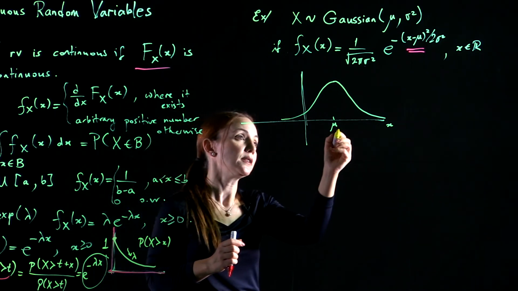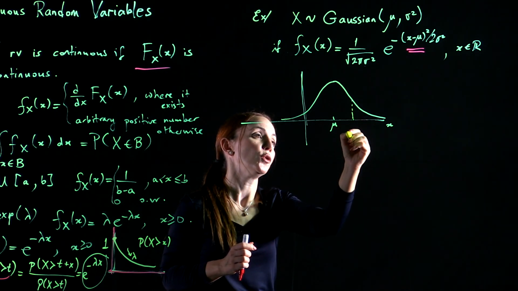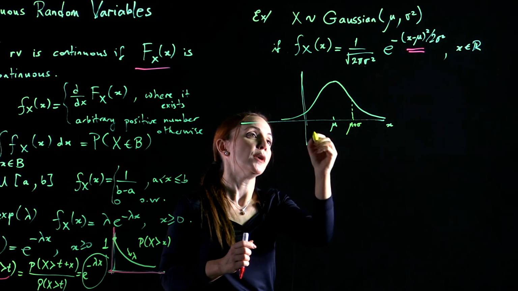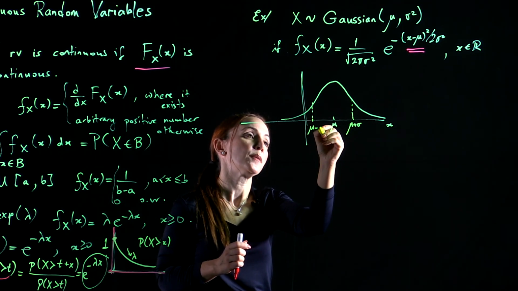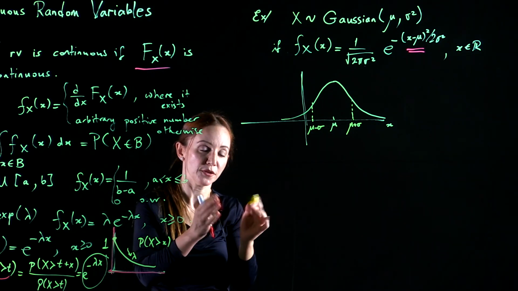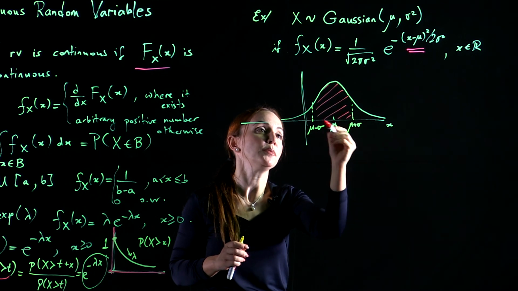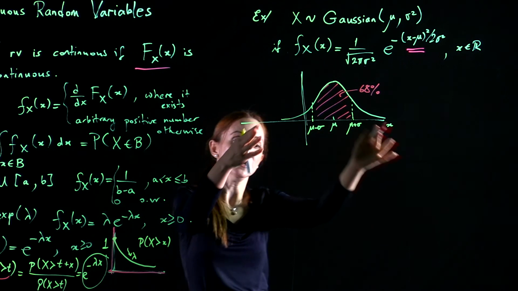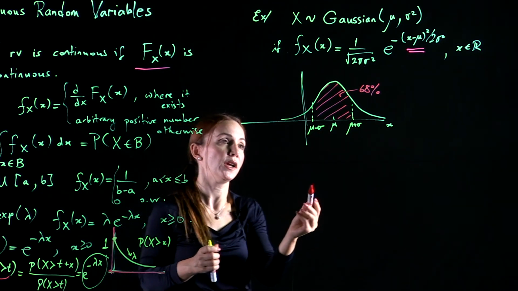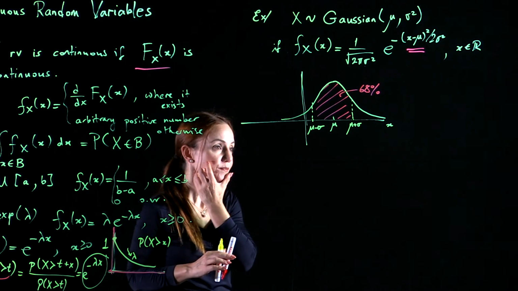And in fact, let's go, for example, to mu plus sigma and mu minus sigma around the center. Roughly 68% of the whole area of this curve is concentrated in this shaded region.